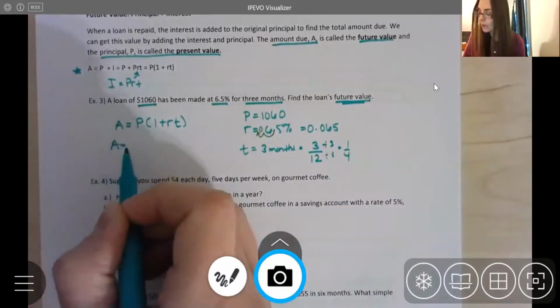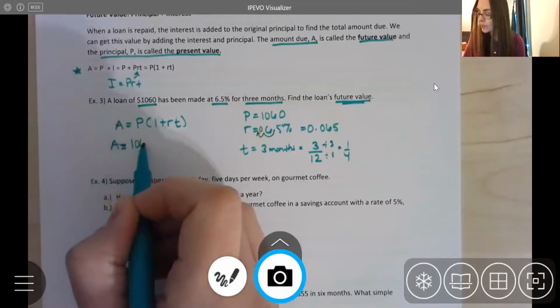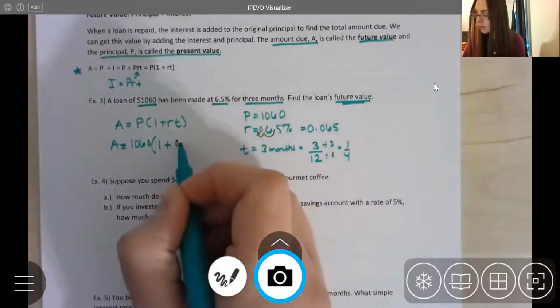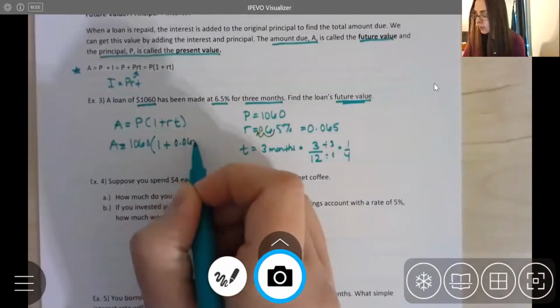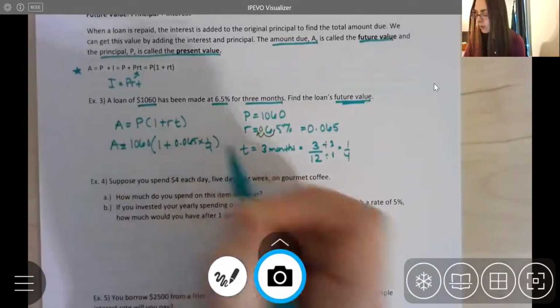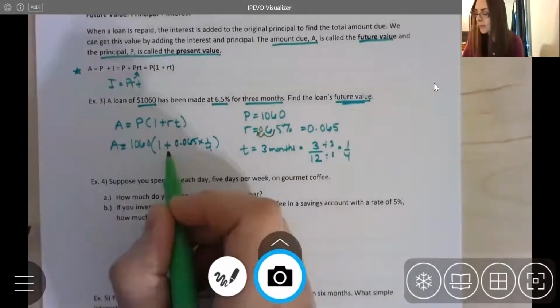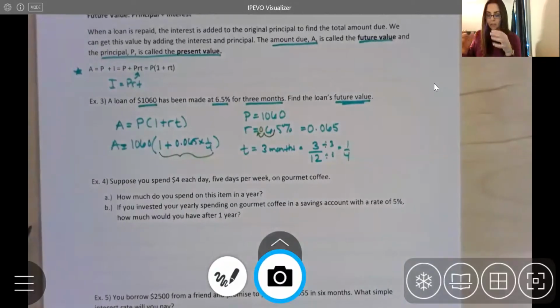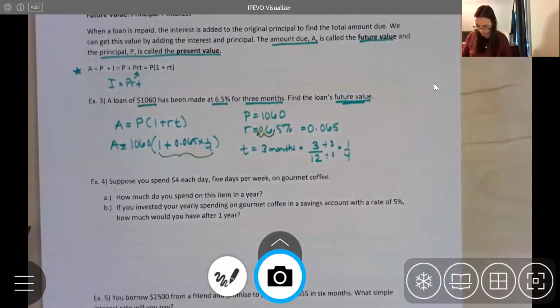So we're going to have our principal, which is 1,060 times 1 plus 0.065 times 1/4. And make sure you follow PEMDAS here, so the order of operations. We're going to do the inside of the parentheses first.